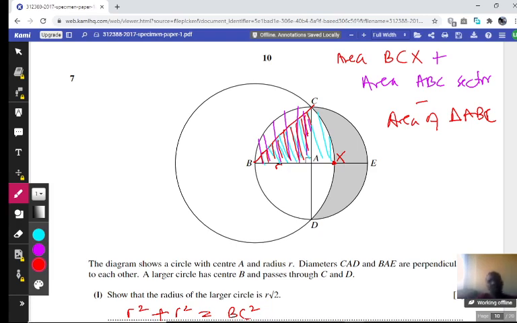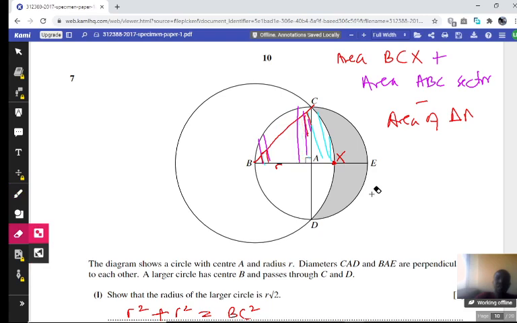Remember also the radius of sector BCX is r root 2, right? Radius of sector BCX is r root 2.